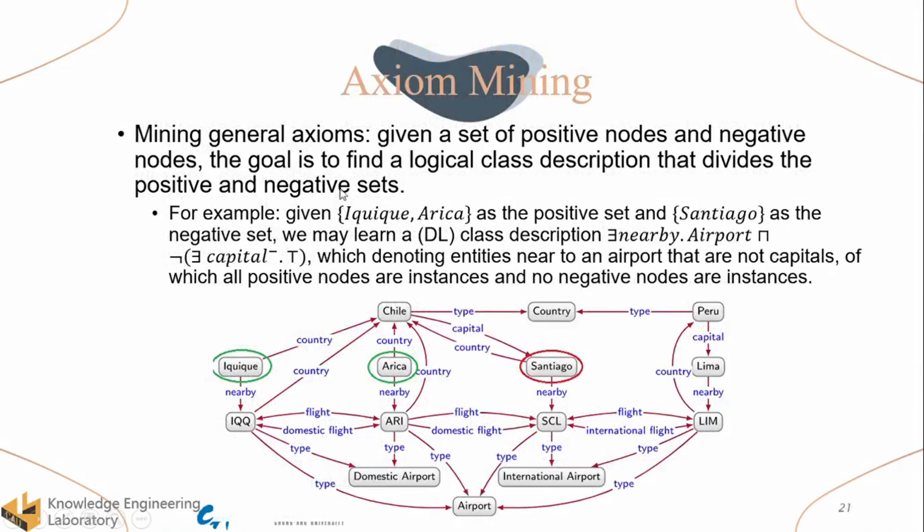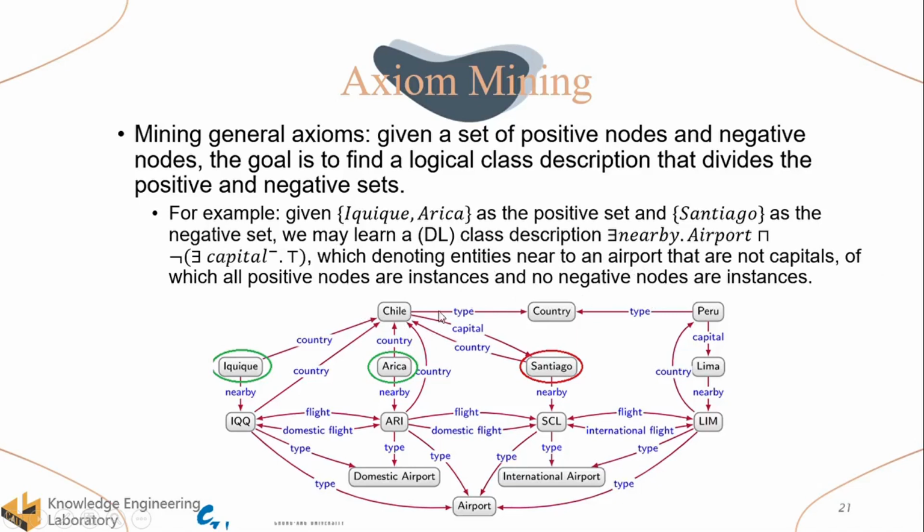For mining general axioms, given a set of positive nodes and negative nodes, the goal here is to find a logical class description that divides the positive and negative sets. For example, given Iquique and Arica as the positive set and Santiago as the negative set, we can learn a DL class description in this axiom right here, which denotes entities near to an airport that are not capital, of which all positive nodes are instances and no negative nodes are instances.